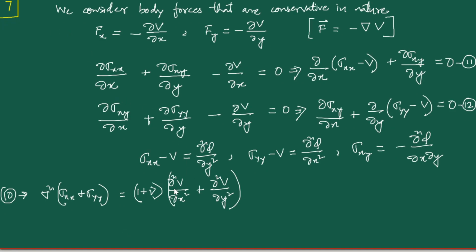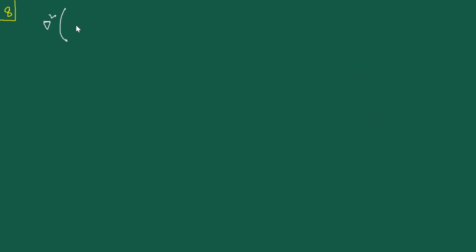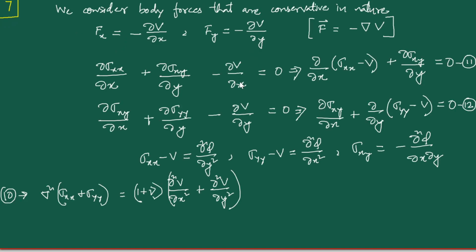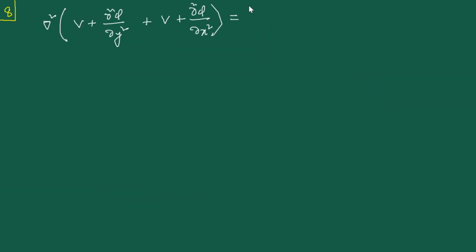So del square of sigma xx, which is v plus del square phi del y square. Similarly, sigma yy is v plus del square phi del x square. On the right hand side I have this term, which is basically 1 plus nu.